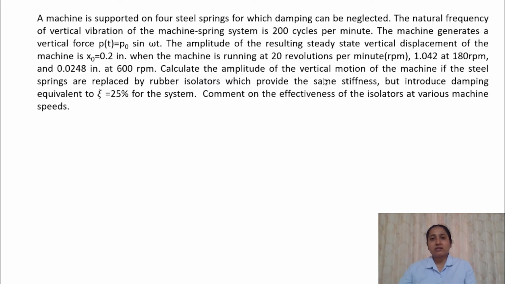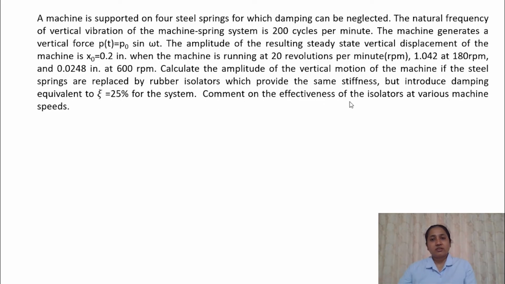Calculate the amplitude of the vertical motion of the machine if the steel springs are replaced by rubber isolators which provide the same stiffness but introduce damping equivalent to theta equal to 25%.